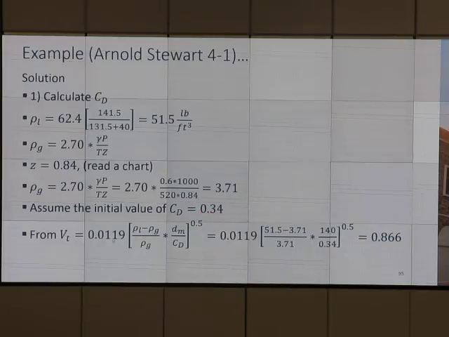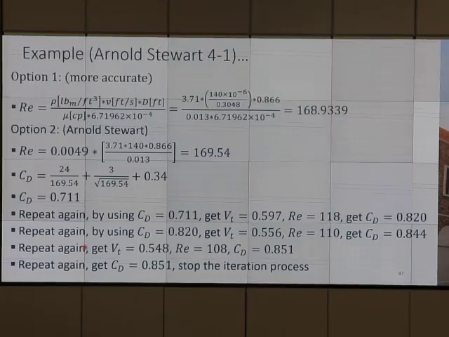Put 0.34 in the terminal velocity equation, get the Reynolds number. From the Reynolds number, get the new C sub D. After you get that C sub D, get the terminal velocity again, calculate the Reynolds number again, get a new C sub D. Repeat this process until your answer doesn't change. Get C sub D of 0.851, then stop the iteration. That is the turbulent flow C sub D.